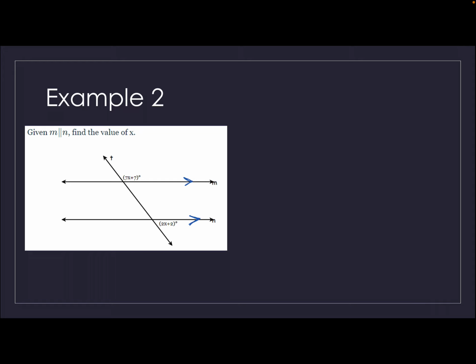Same side exterior angles are supplementary. So that means our equation, let's write this down. So same side exterior, and we call these consecutive exterior earlier in the PowerPoint. So same side or consecutive exterior angles are supplementary.